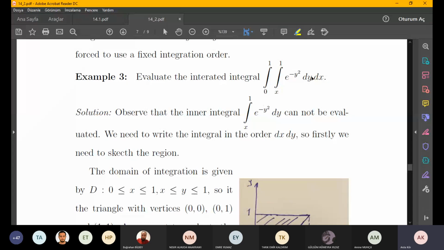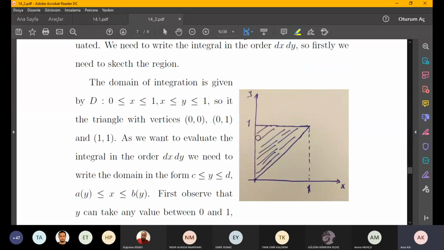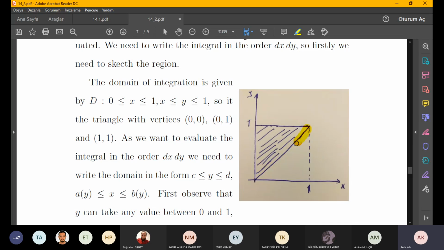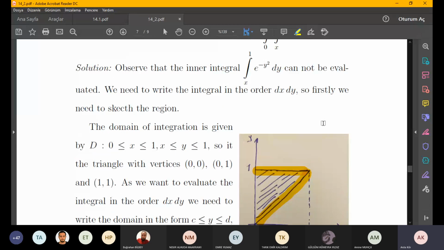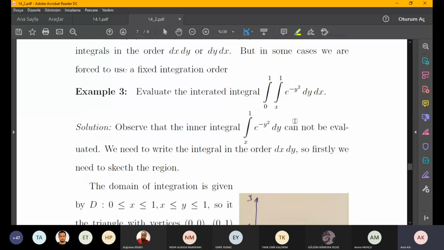And the x boundaries are from 0 to 1, which means x equals 0 to x equals 1.